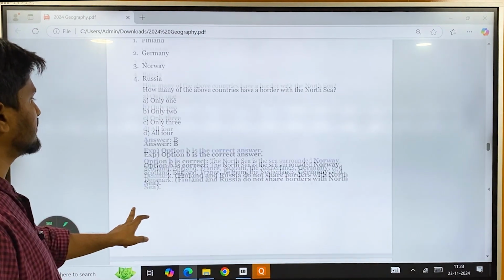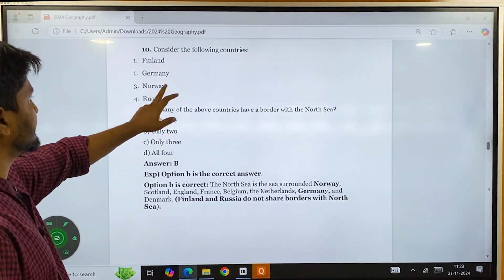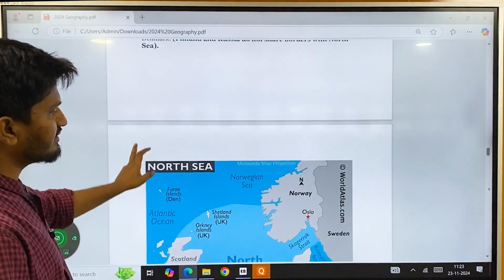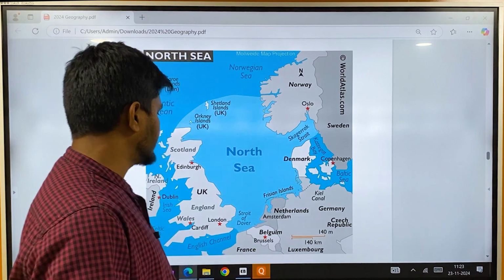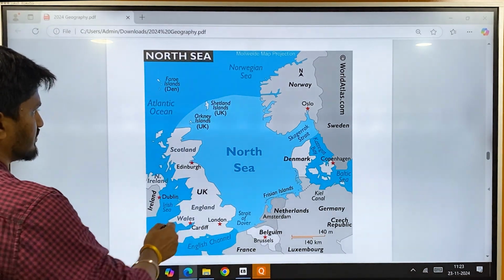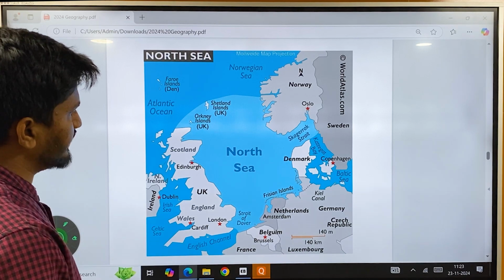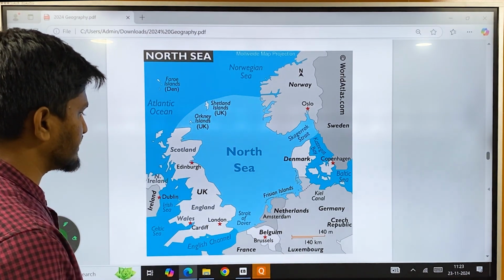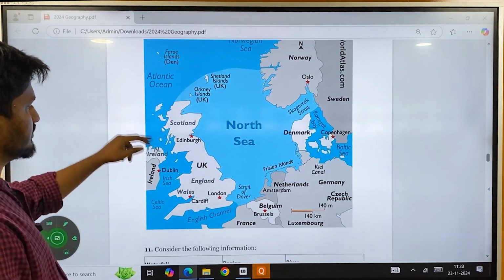It doesn't share a border with Finland and Russia. Do you see Finland here? There is no Finland here. Sweden is there, Finland is inside. So the North Sea borders the UK, Norway, Denmark, Sweden, Germany, Netherlands, Belgium, and France. So the correct answer is 2 only.